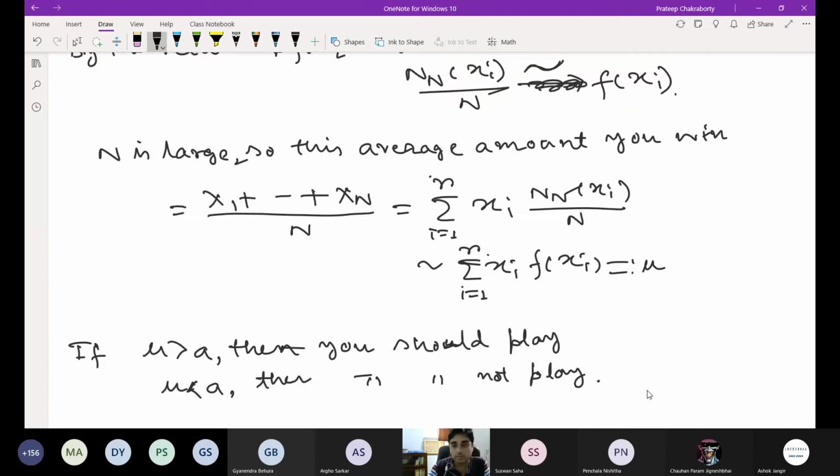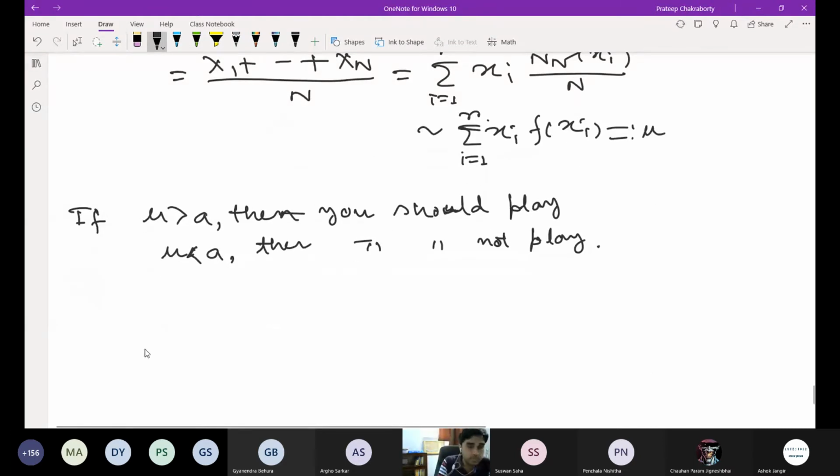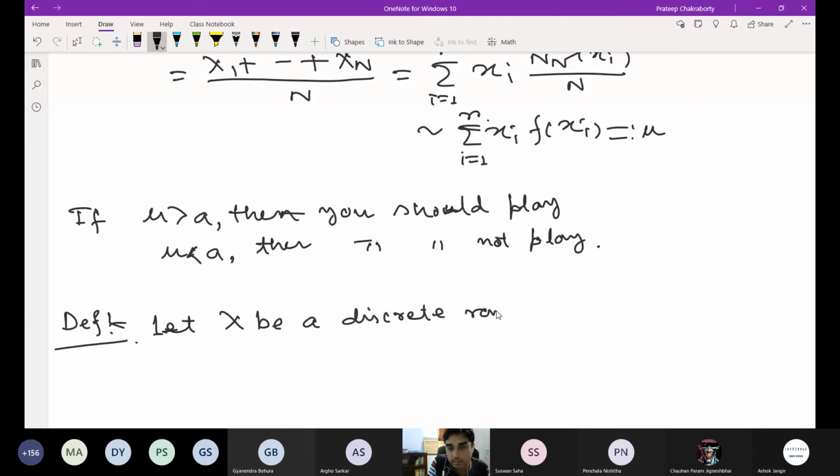Okay, now we are more or less in a situation to define the expectation. So, definition: let x be a discrete random variable. We first define the expectation for the discrete random variable, then we'll go to the continuous random variable. So let x be a discrete random variable that assumes a finite number of values.